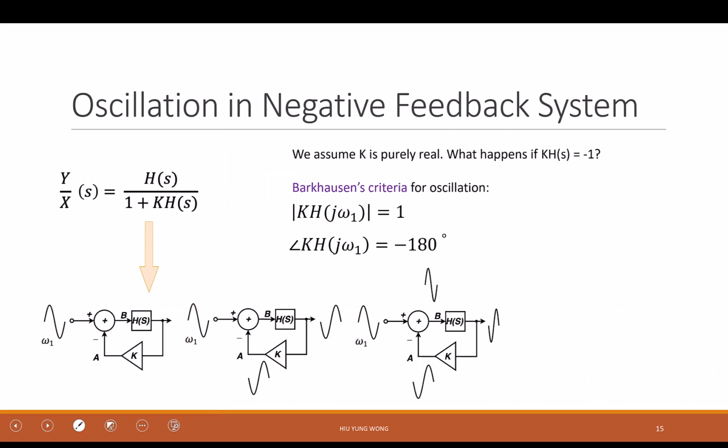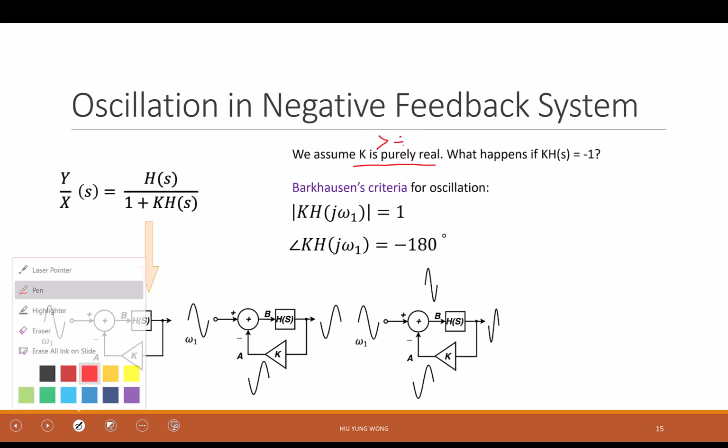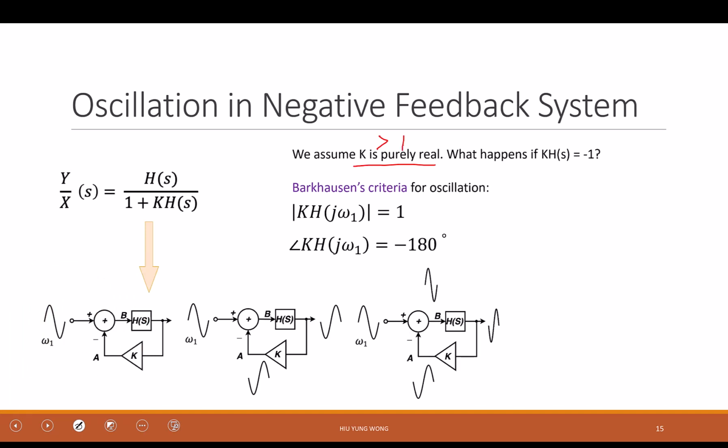So here we assume K is purely real, and maybe let's also assume this is positive. I forgot to write this, just for the sake of discussion. It can be negative, then you just hook up the comparator in another way. Now, at low frequency, we know that KH must be positive, or negative. That doesn't matter.